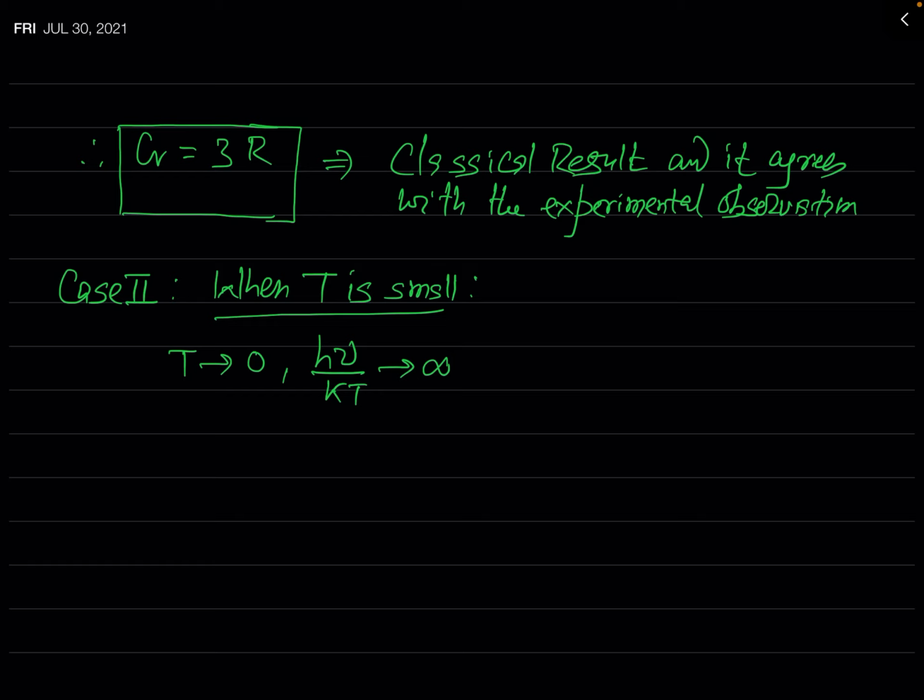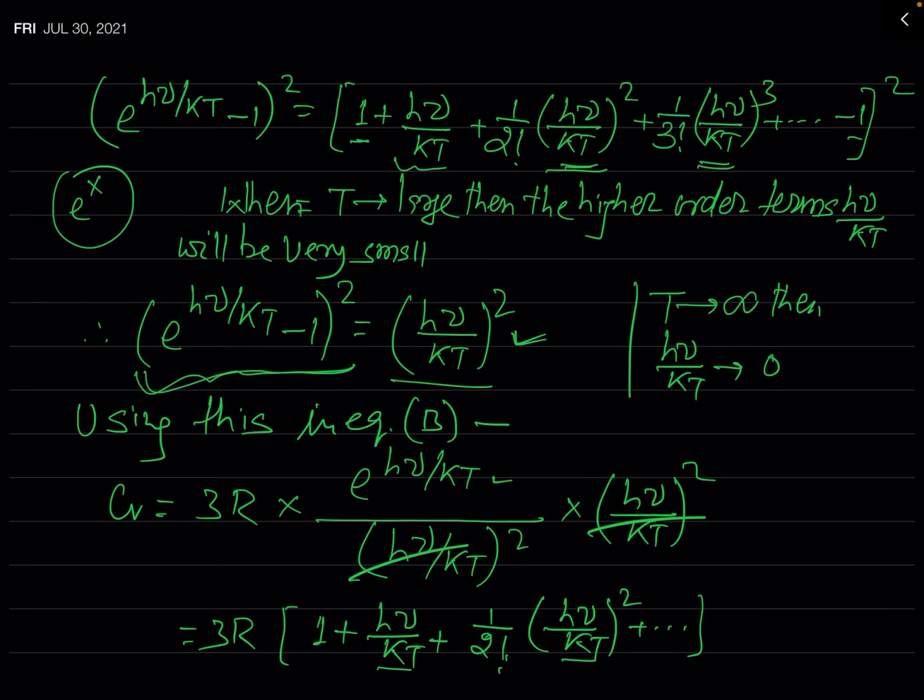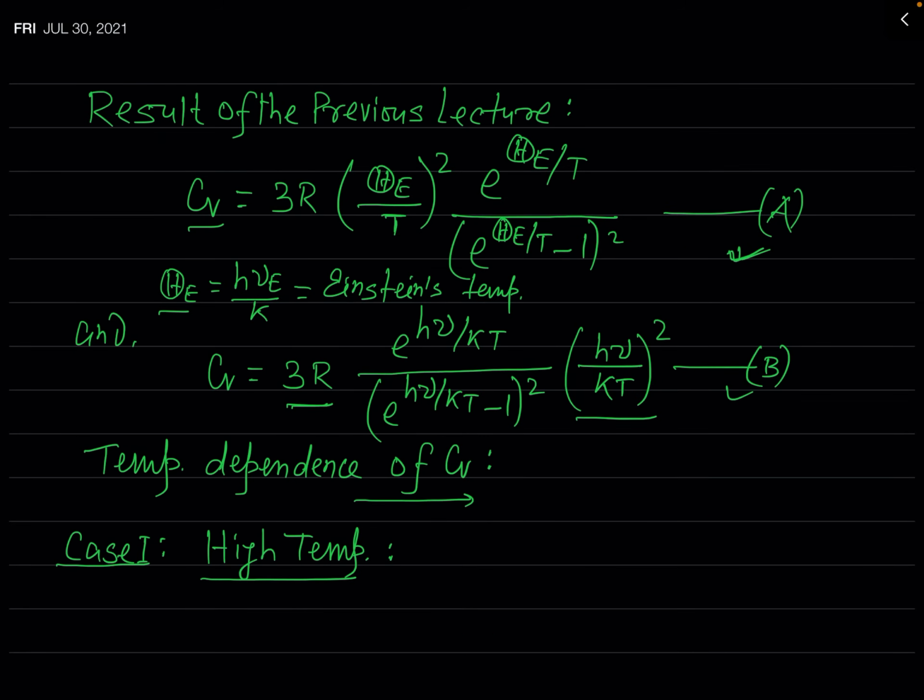So in this condition, you can see what the expression for Cv will be. We will again start from the general result which we have mentioned in equation B, and as you can see, in the denominator there is e raised to the power h nu by kT minus 1 whole square.